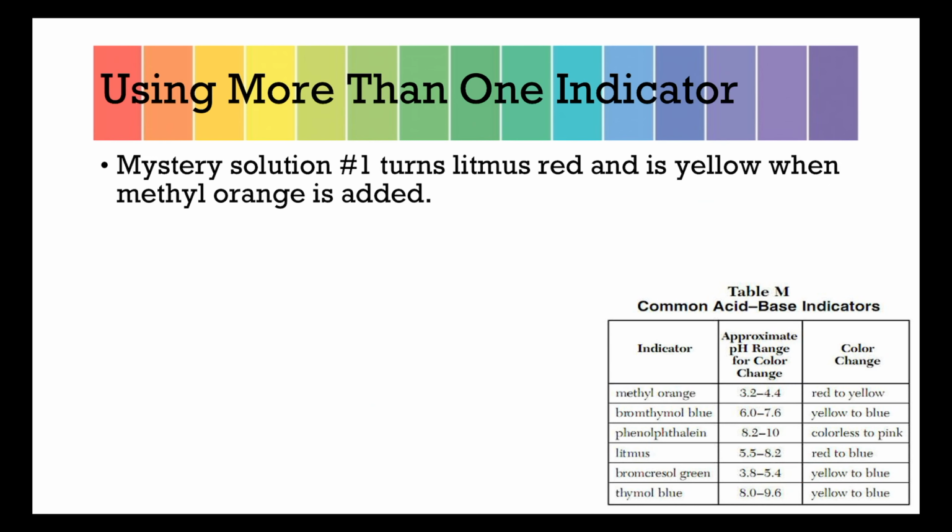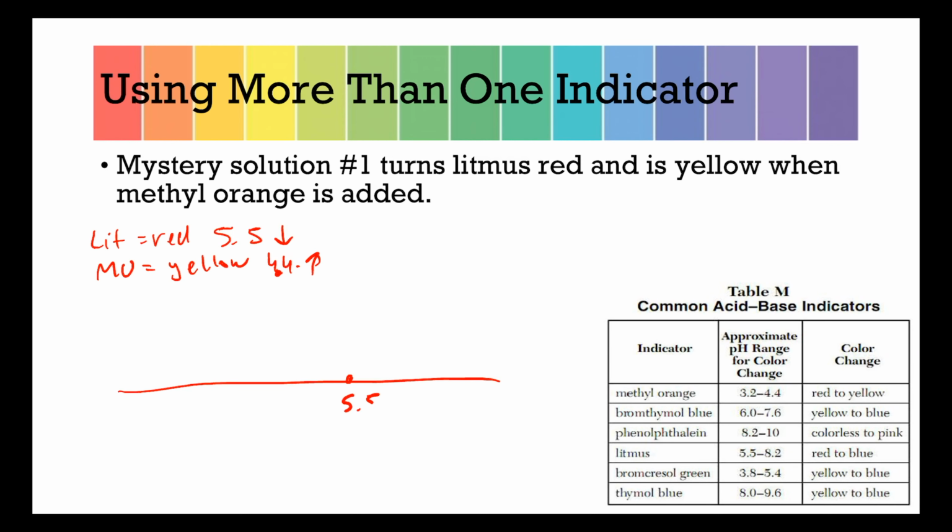So let's try this one. You have a mystery solution, and it turns litmus red and is yellow when methyl orange is added. Litmus is red when you have a pH of 5.5 and lower. Methyl orange is yellow when you are 4.4 and higher. I like to use the number line.